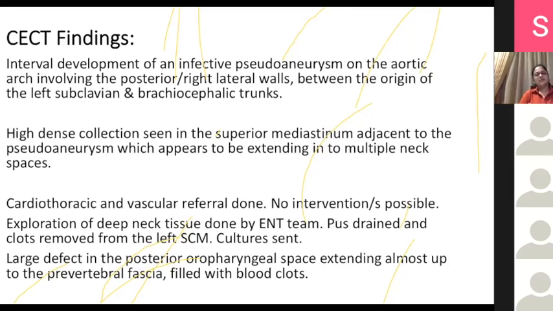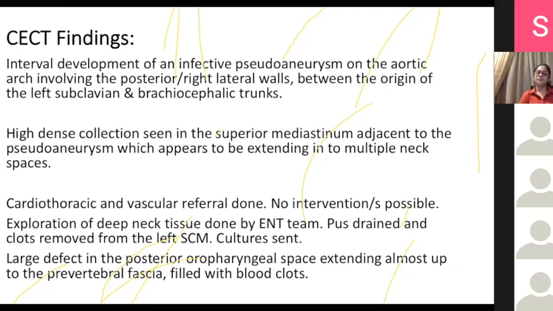The team refers this patient to the cardiothoracic as well as to the vascular surgeon. But they say that no interventions are possible for this patient. The ENT team decides to explore the deep neck tissues, and they drain more pus, and also they remove blood clots.